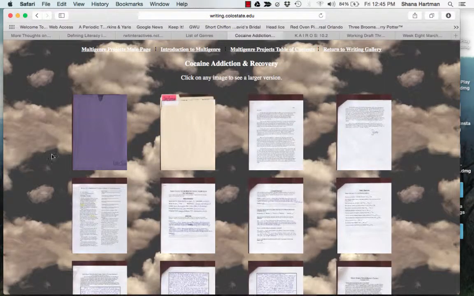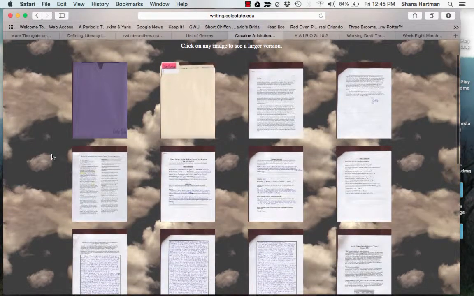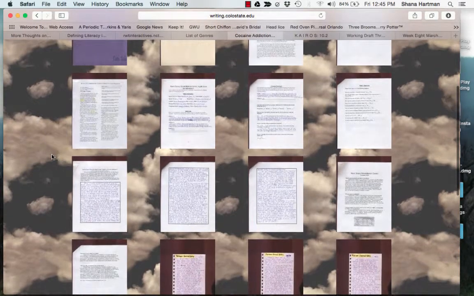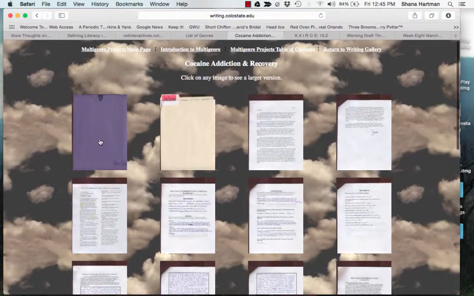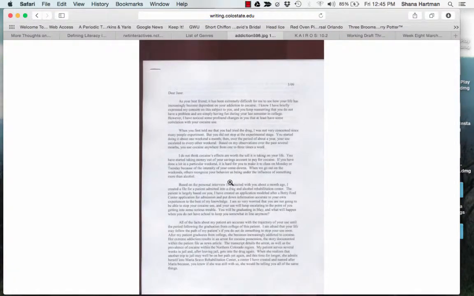So here we have students who submitted, again, mostly linguistic mode multi-genre pieces. What's interesting is you can see how they submitted it. These were individual pages submitted in a folder. So when we start to think about the practicalities of creating it as well as teaching it, we want to consider some of those things.